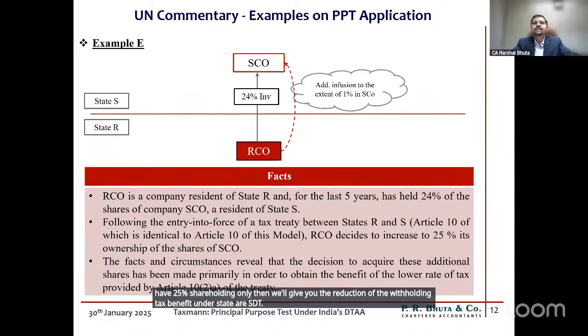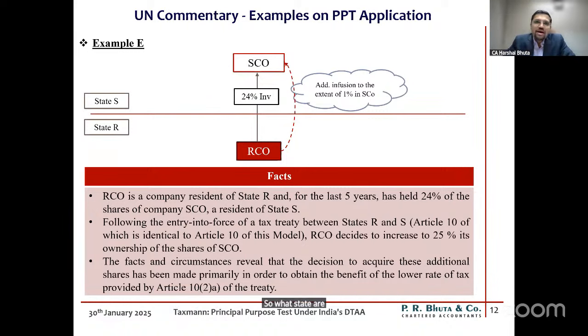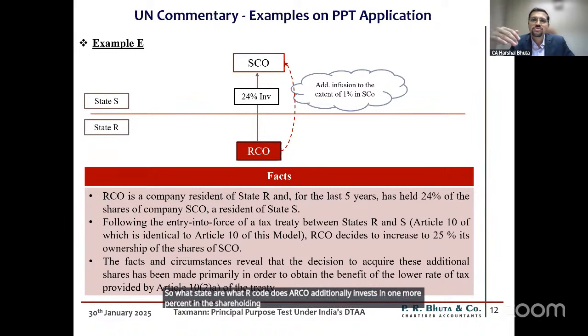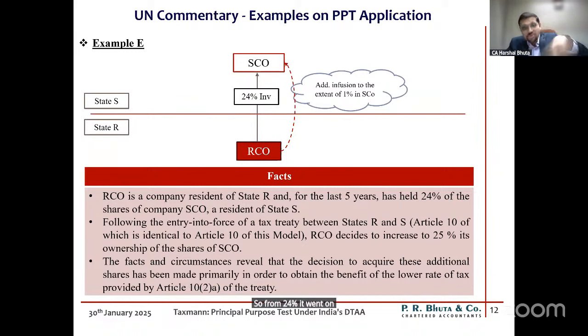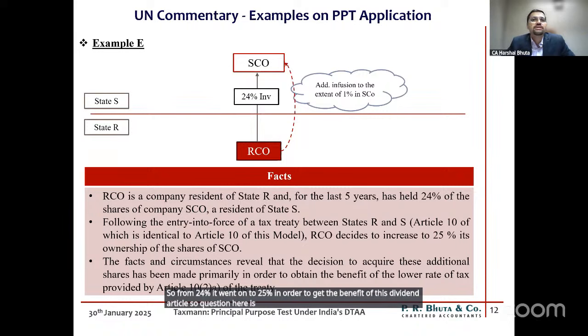So what does ARCO do? ARCO additionally invests 1% in the shareholding and brings it to 25%. So from 24% it went to 25% in order to get the benefit of this dividend article. The question here is, will this get caught under PPT or not?